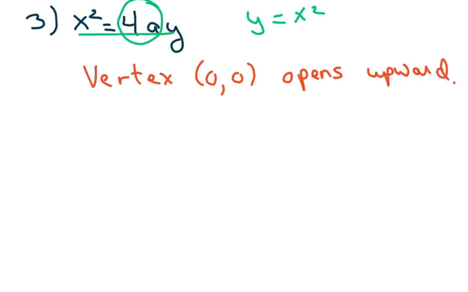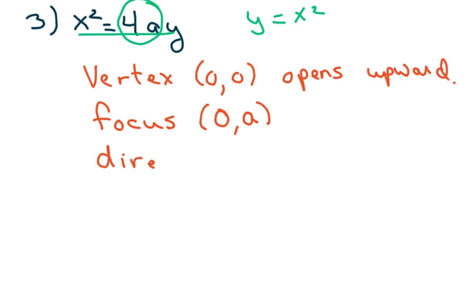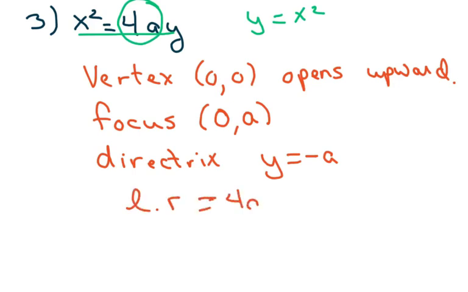Our focus, since it's opening up, is on the y-axis, so it's going to be 0, comma A. And your directrix is kind of the same thing, but now it's y equals negative A. And your LR, for latus rectum, is 4A.